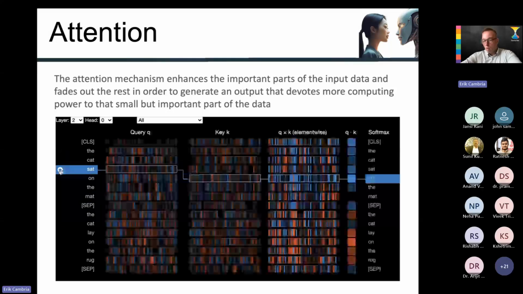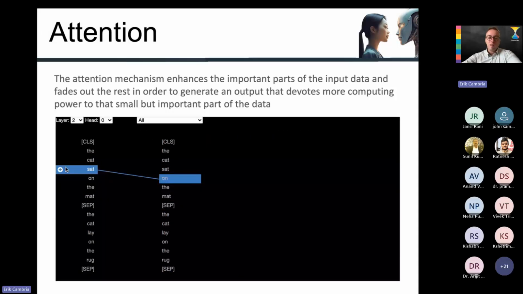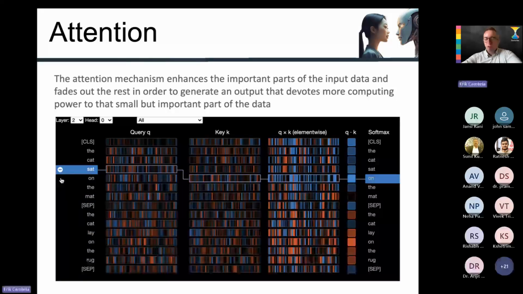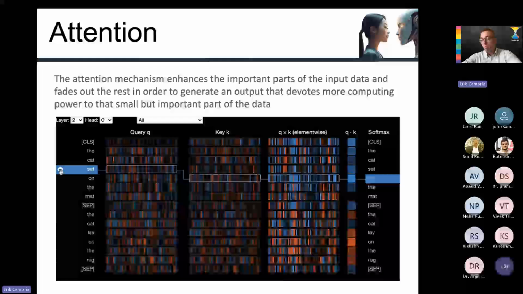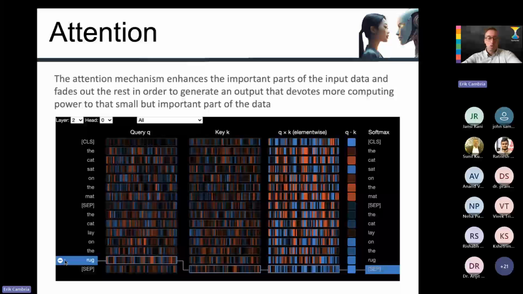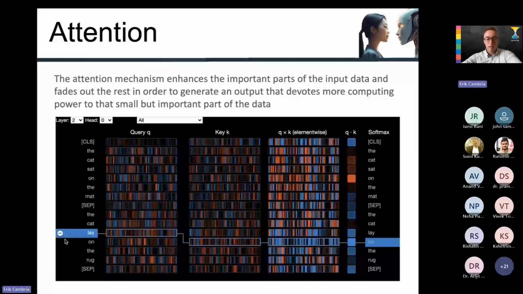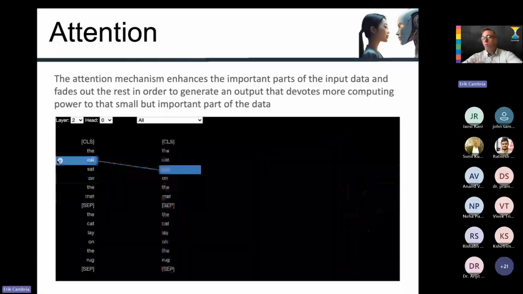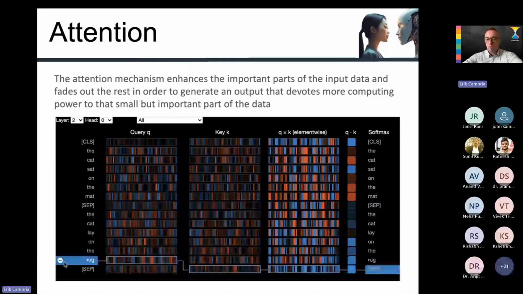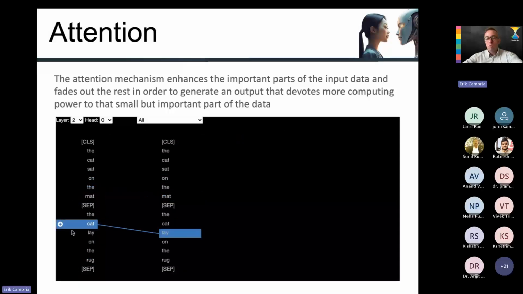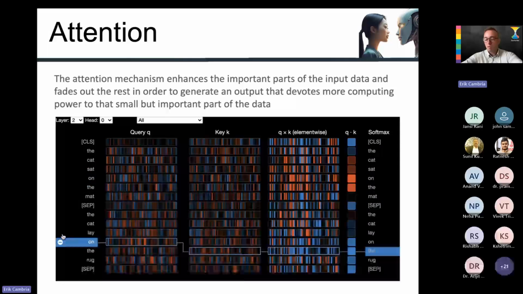It doesn't really work like human attention, but the key point is that I can focus on different parts of the sentence based on what I learned from my training data. So when I encounter specific situations, like the cat sat on something, I can use attention to focus on that specific part of the data to better guess what comes next, or how to perform classification.